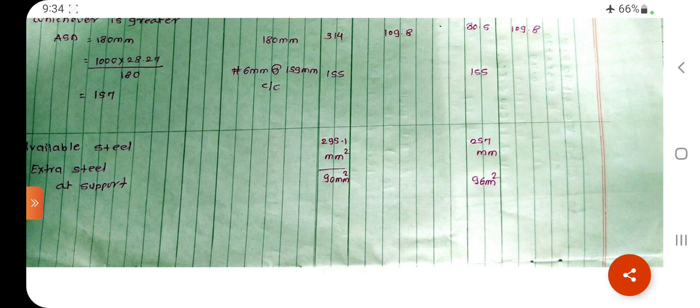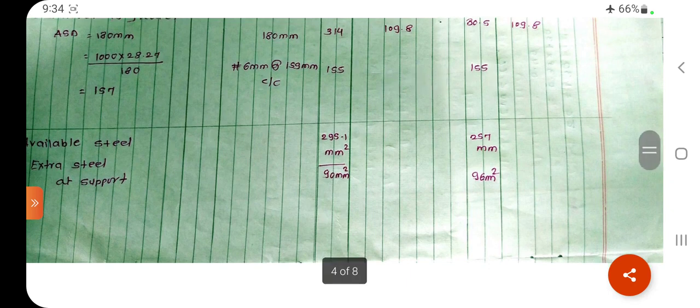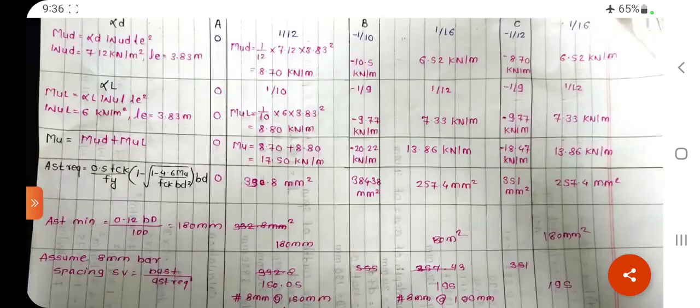Now in the case of a one-way slab, we need to calculate the extra top bars at the support. Let us learn what this support steel is first, and then we will calculate it. See here, students, the support moment is negative, and the span moment is positive.